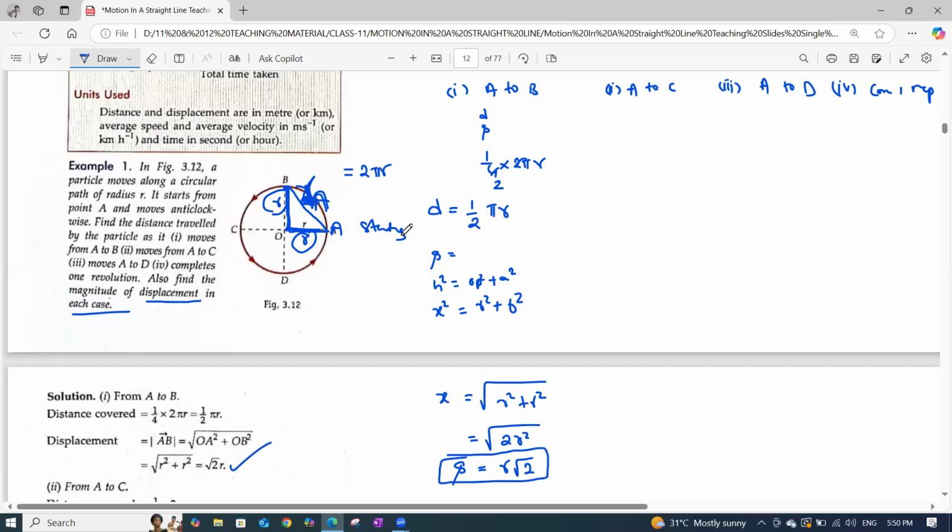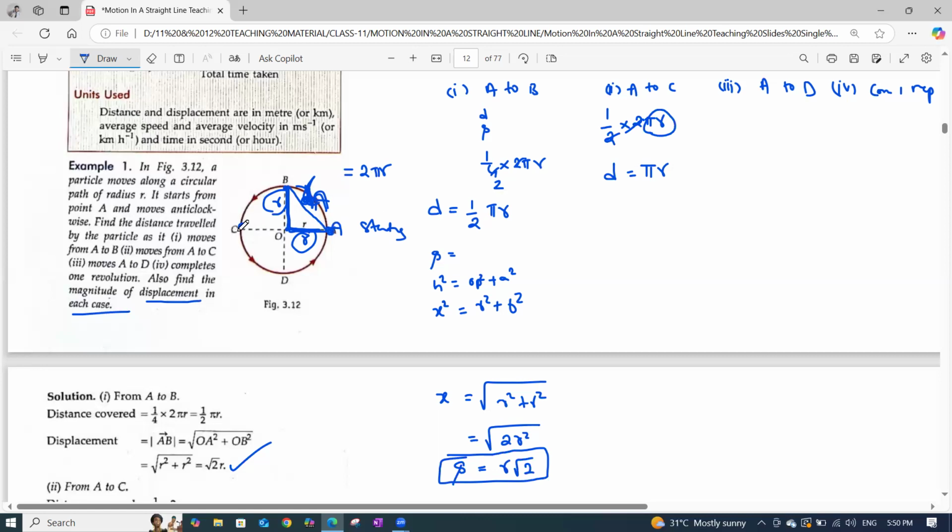Both are correct. Next, from A to C is asked. It is starting from A and going to C. So it has completed half of the circle. So half into the circumference of the circle, 2 pi r, 2 gets cancelled, and left is pi r. Distance is equal to pi into r when it is moving from A to C. Now what is the displacement? Displacement is nothing but a straight line from initial point to final point.